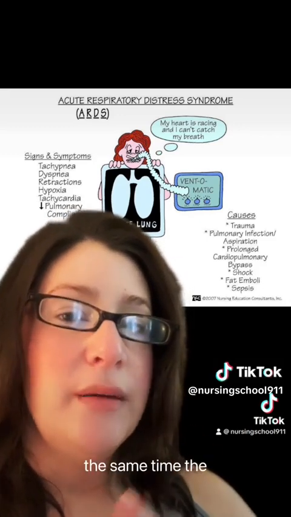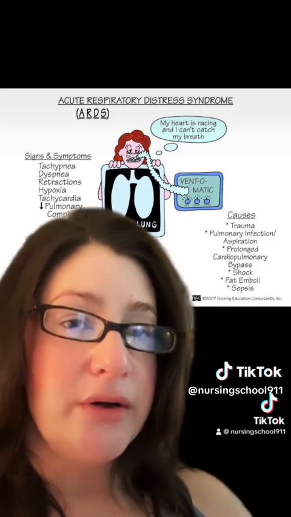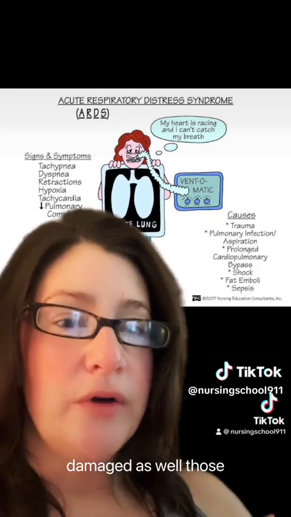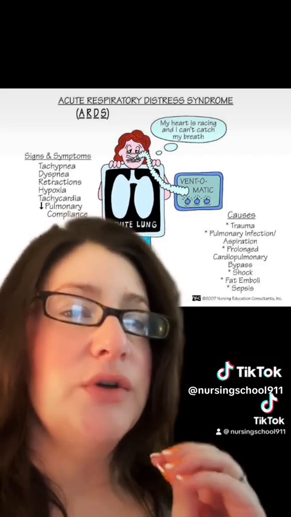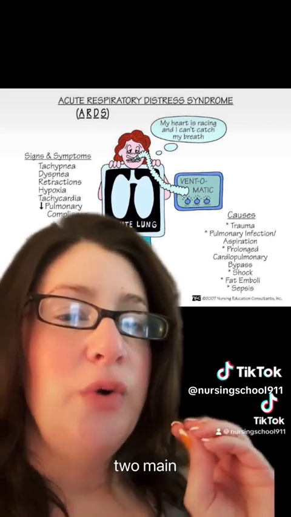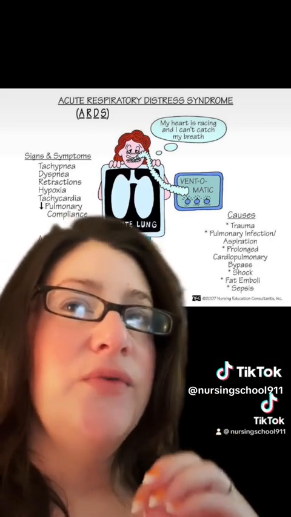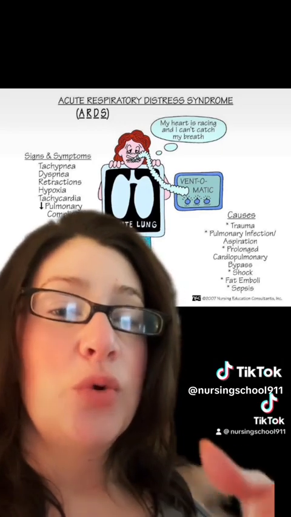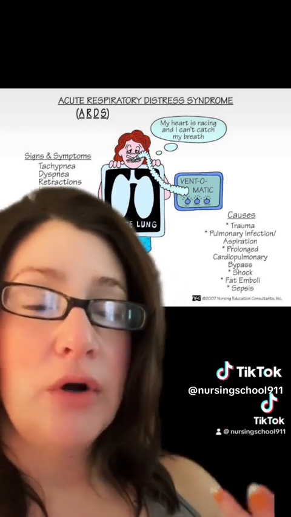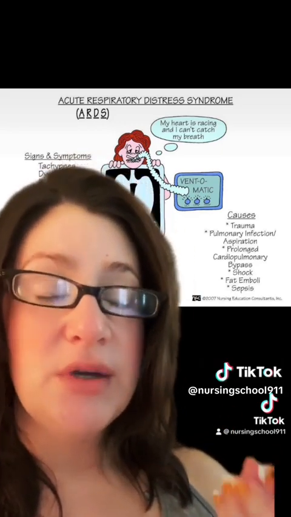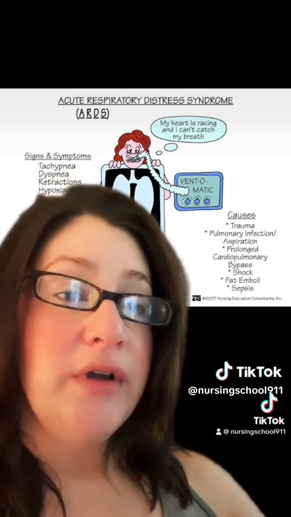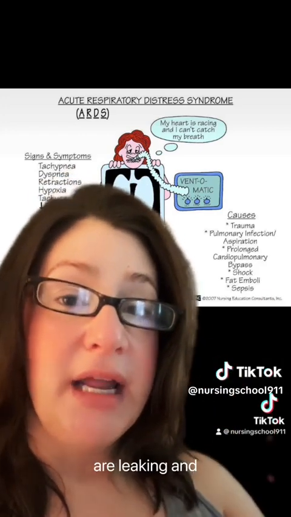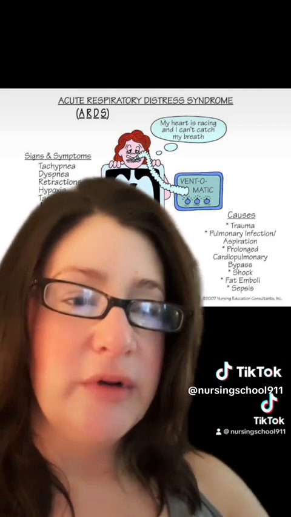At the same time, the type 2 alveolar cells are damaged as well. Those cells produce surfactant. So now, we have two main underlying pathophysiological processes responsible for the large majority of the manifestations that we see with ARDS. So we have damaged alveolar capillaries that are leaking, and that causes pulmonary edema.